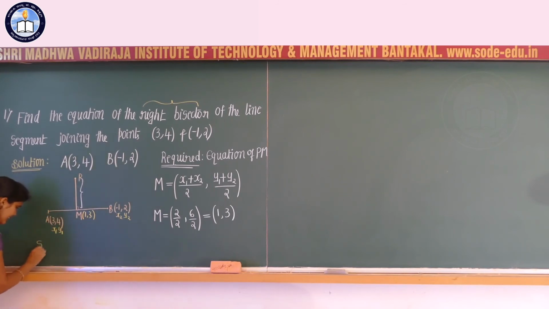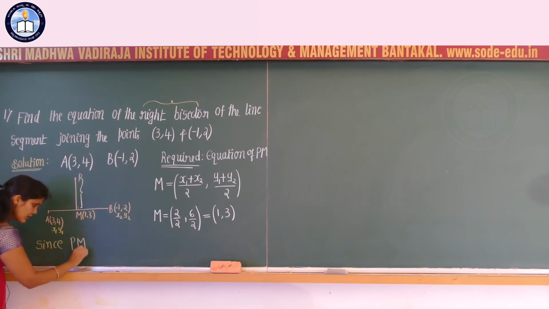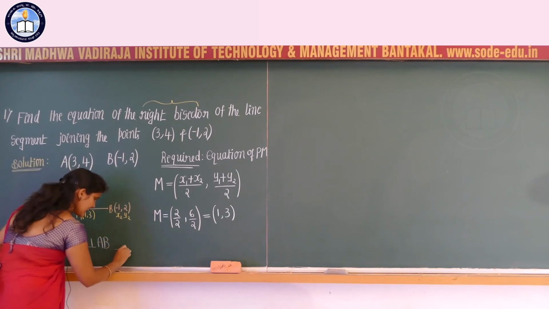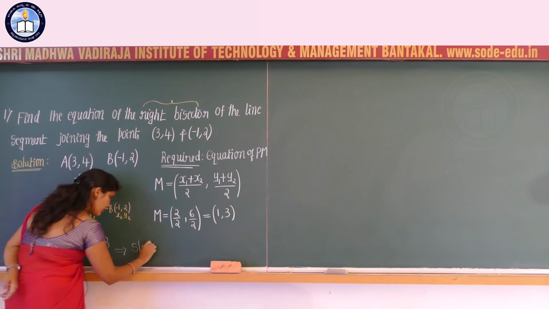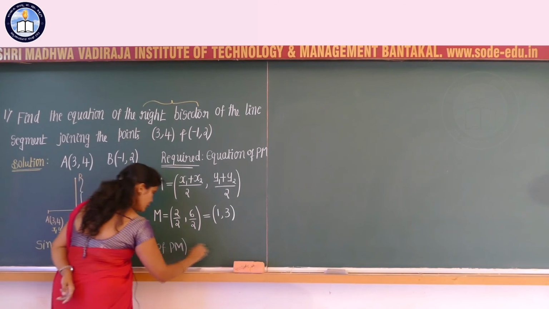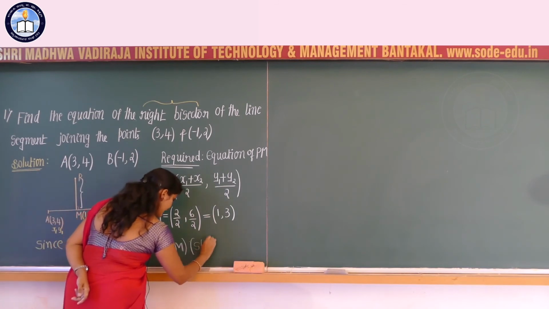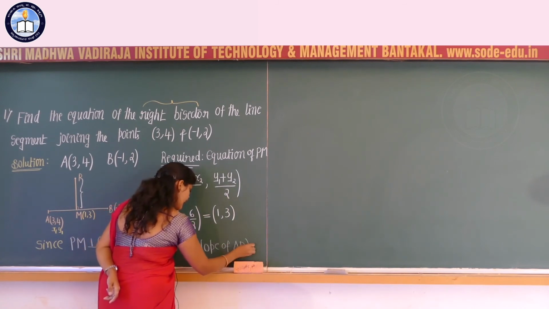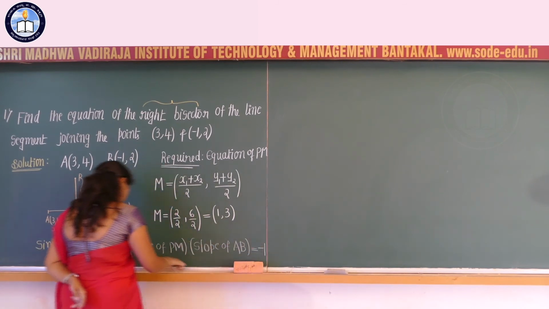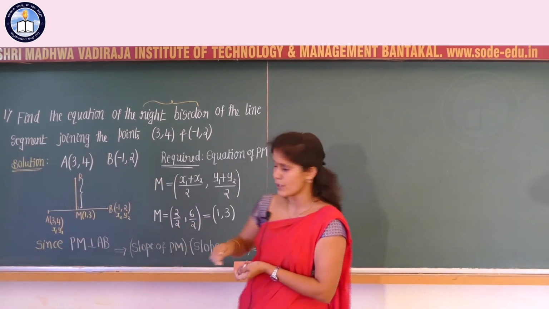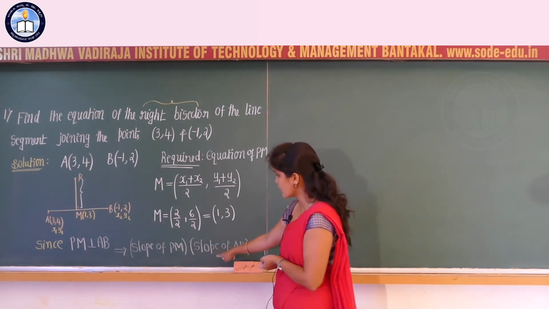Since PM is perpendicular to AB, I can write the slope of PM into the slope of AB is equal to minus 1, because the product of their slopes is equal to minus 1.